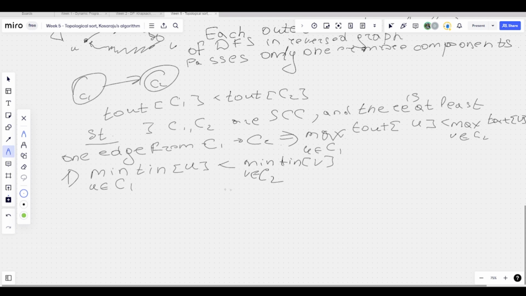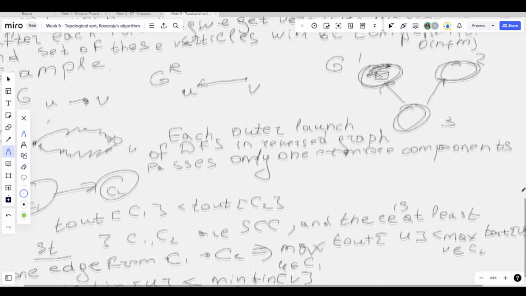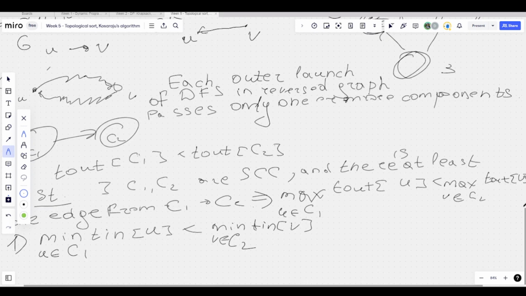We consider it a normal graph when we do topological sort. We get tin and t out.